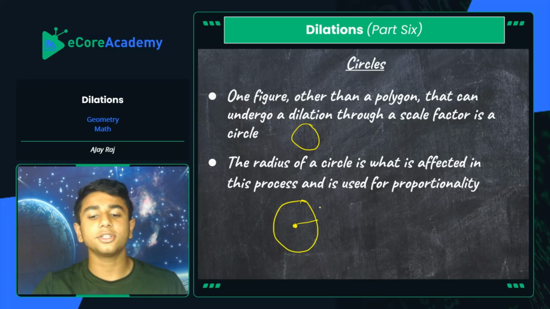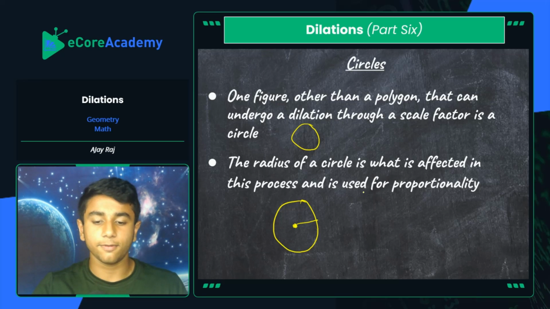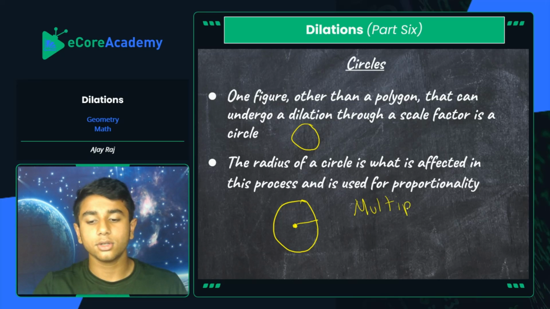So you can use this radius and calculations to discover what the dilation will be and what the scale factor will be. Basically, you're just going to do the same thing as you would to a side length: multiply the radius by a scale factor.